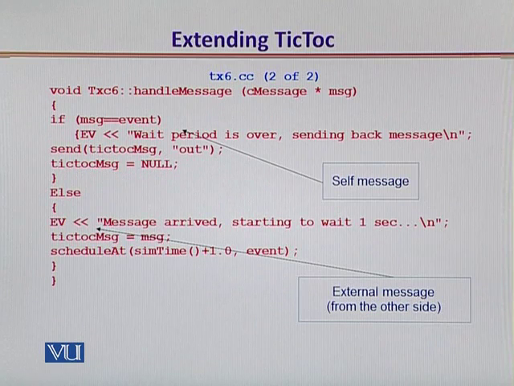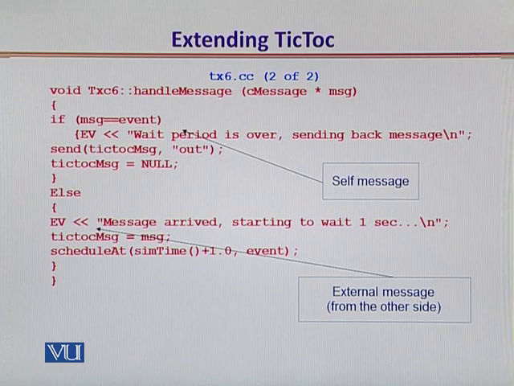Here, this is what happens. If the event is true, it means that the wait period is over and the message is sent back. If the event is such that this message is not being sent from the tick side, rather it is being received on the talk side, so the behavior of the event is going to be different.